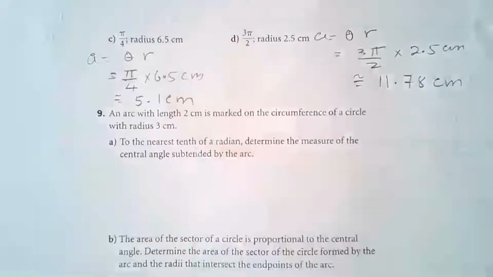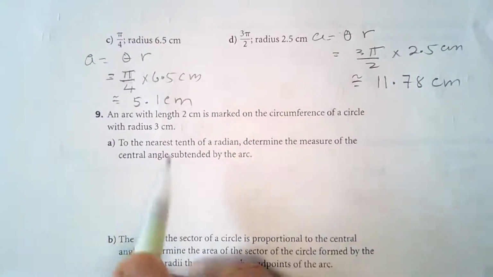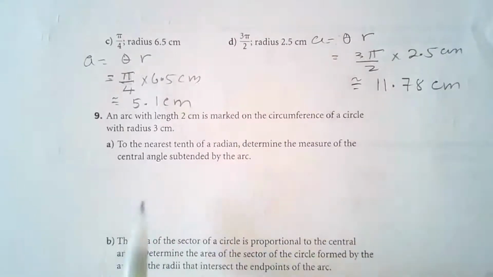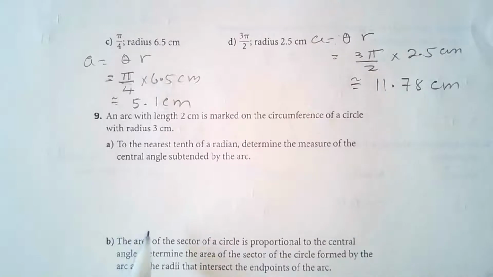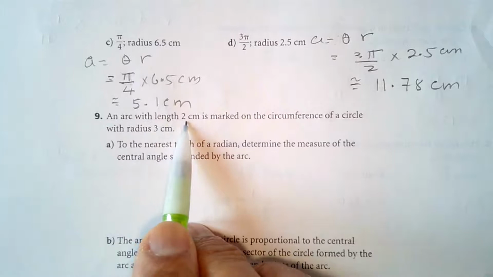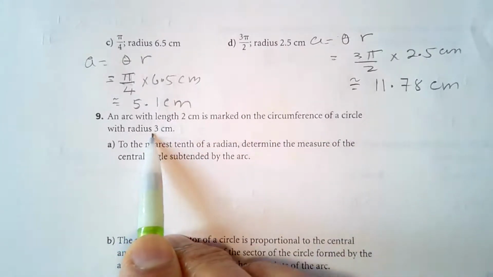Now, one last question here, and that will be the end of the review for looking at arc lengths and converting degrees to radians. So you have an arc length of 2 centimeters with a circular radius of 3.